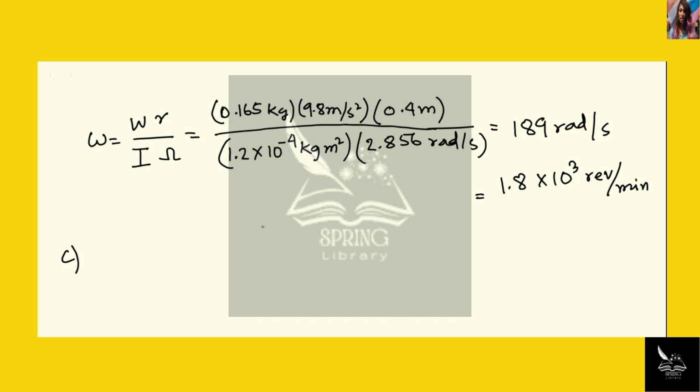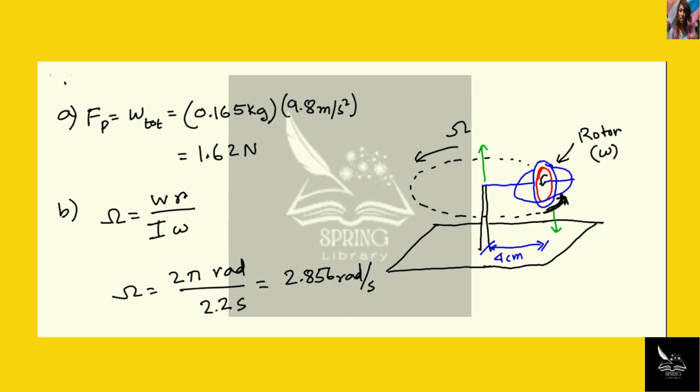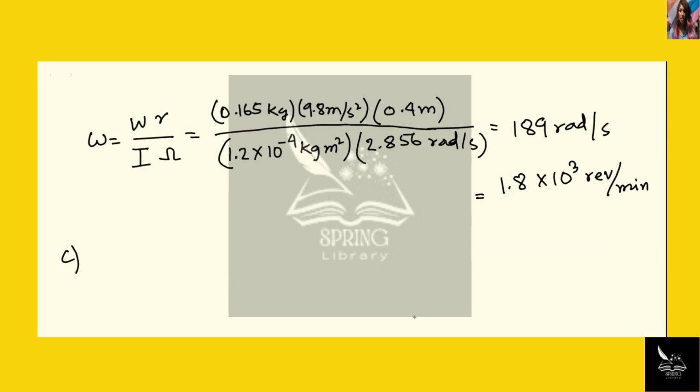Now for part C, we can actually explain part C in this diagram. So if we look at the figure from above, we'll see that torque will be in the direction of the precession. So this is the precession velocity. So let me actually draw it here.